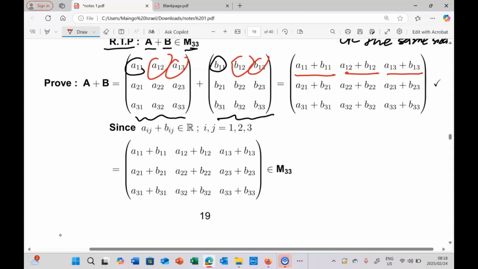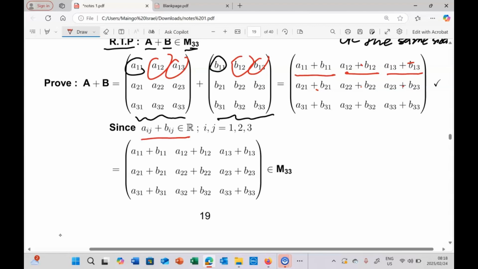So after adding, we know that since aij and bij belong to real numbers, we just want to generalize everything that is inside here. Instead, you can just mention them like that, to minimize a lot of information.